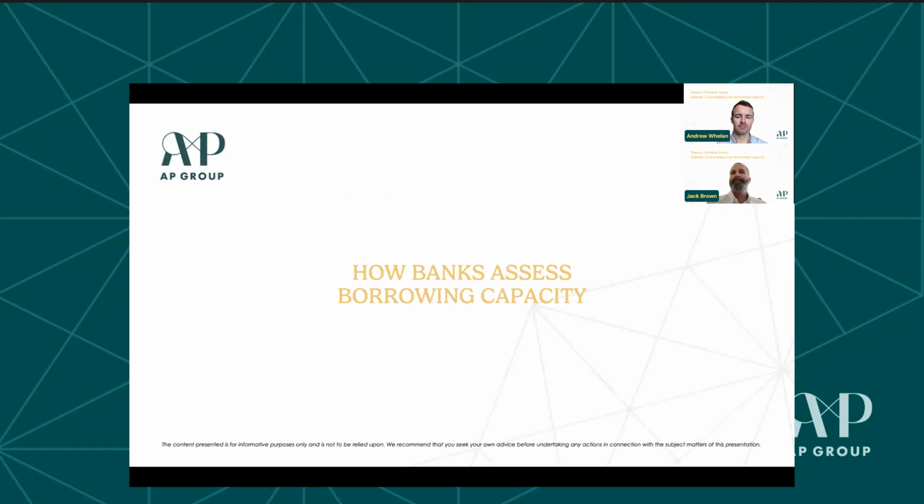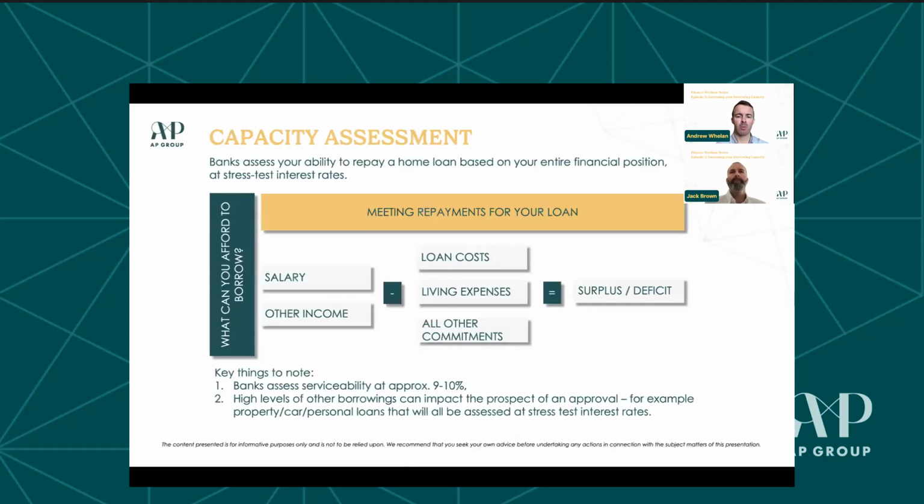Terrific. So in terms of how banks assess borrowing capacity, most commonly what the banks will look at is a simple formula. So looking at all the money coming in, so your salary, business profits, if that's relevant, and any other income like rental income, for example, if that's relevant to you. So look at all of that income, and then look at all of your expenses.